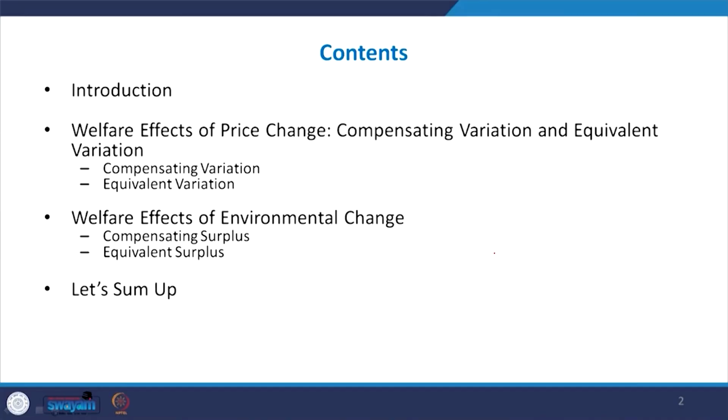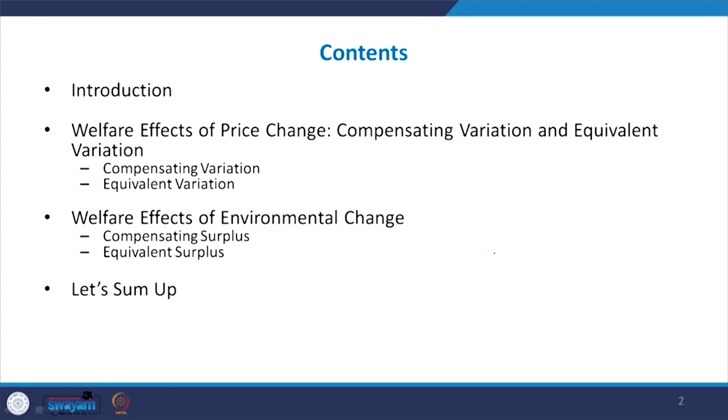So, obviously, when the price of any product increases, that has some impact on the well-being of the consumers. In this lecture I will explain two concepts. One is compensated variation and the other is equivalent variation.